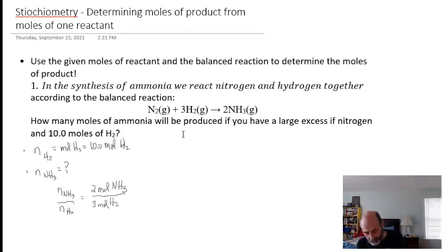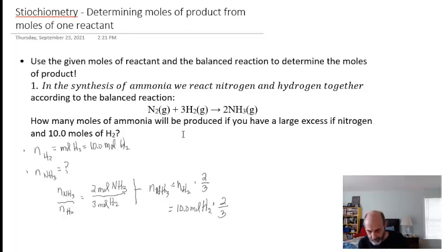Of course, now let's rearrange this. N of NH3 equals N of H2 times 2 over 3. Now we can put in our 10 moles of H2 and 2 over 3 for the ratio of the coefficients.